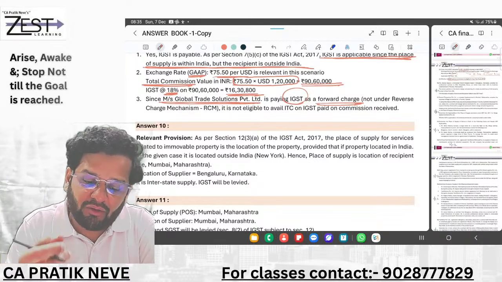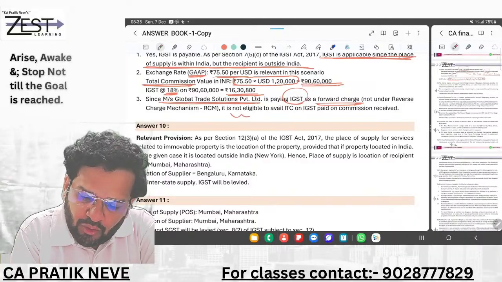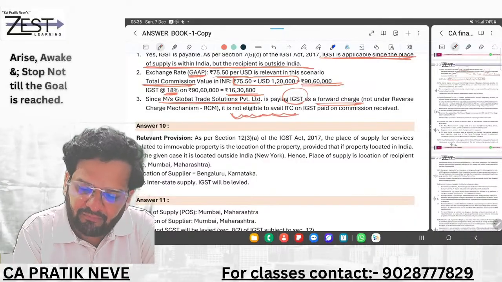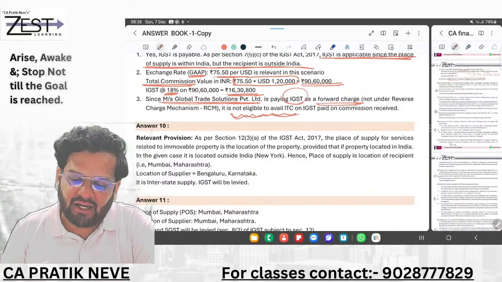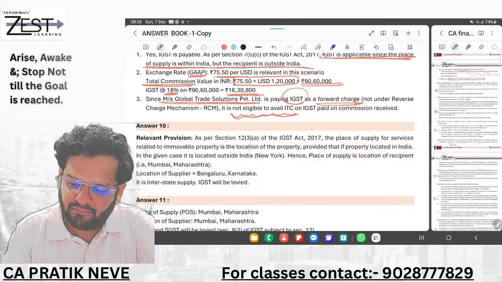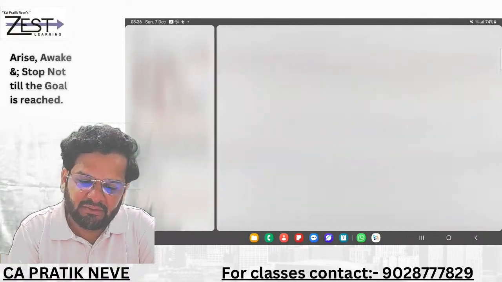So it is paid on forward charge. So there is no question of ITC. It's not eligible for any ITC. Clear?